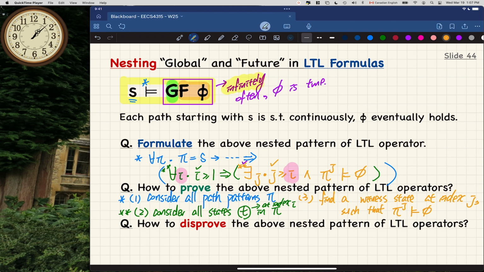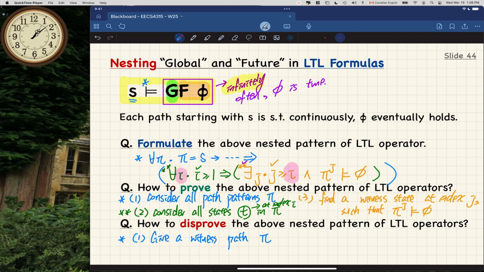How do we disprove it? To disprove universal quantification, you have to give a witness path. So to start with that, you have to give a witness path, and let's say it's pi. And then the middle level here is, again, a universal quantification. How do you disprove it?